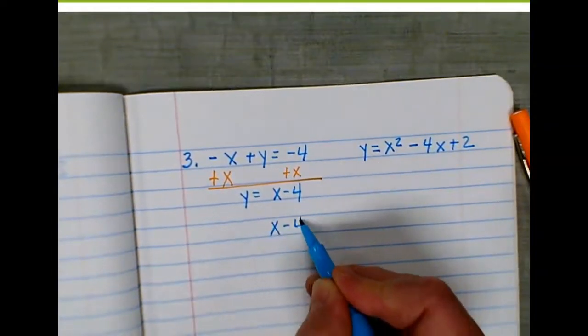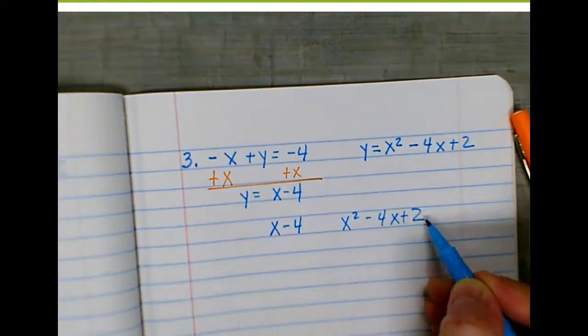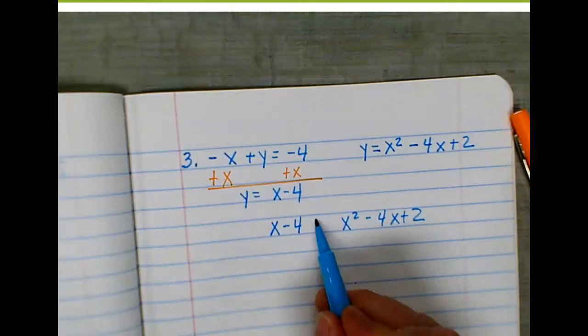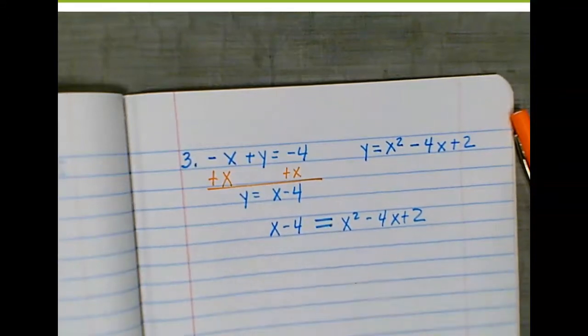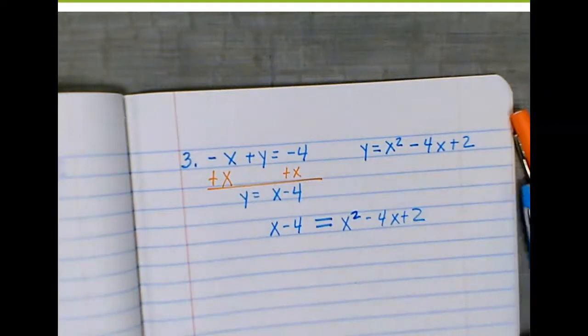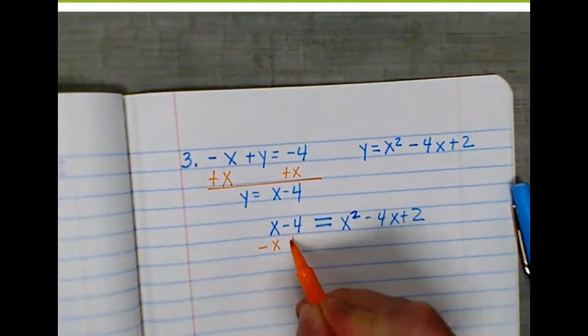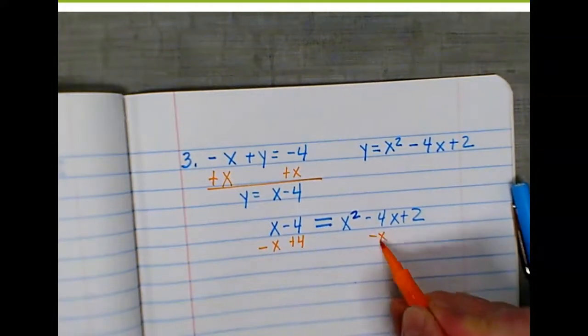This is equal to y, and this is equal to y. If they're both equal to y, then they have to be equal to each other. Since this is squared, it's a quadratic, so I need it equal to 0 so I can solve it.